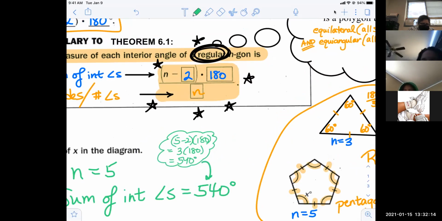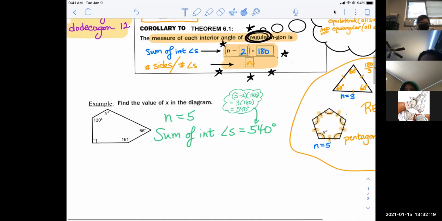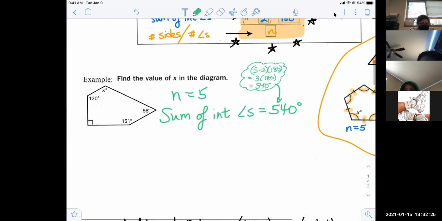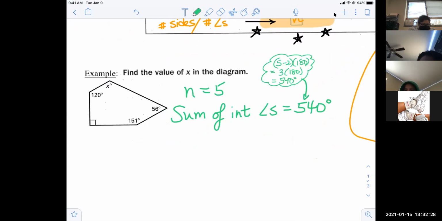Now in the chart up there, we filled it in and we got 540. So these are just like those problems where you had a triangle and the angles add up to 180, except now it's not going to add up to 180, it's going to add up to what? 540. Okay, Lily, tell me what the equation should be.